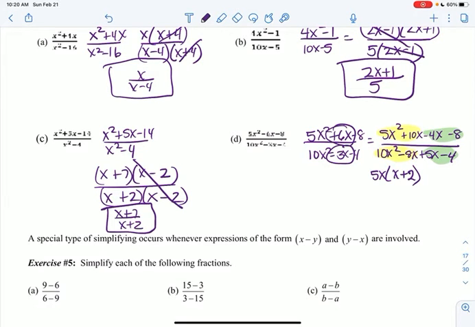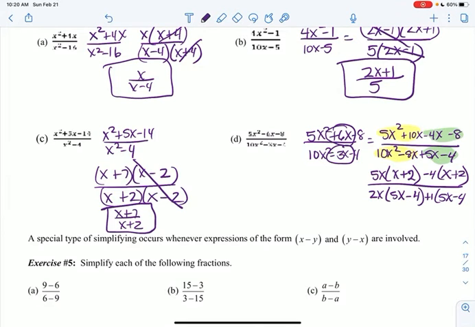And then for negative 4x minus 8, I'm going to factor out a negative 4, and I'm left with x plus 2. In the bottom, the GCF of 10x squared minus 8x is 2x, and I'm left with 5x minus 4. And then I'm just going to factor out a 1 because I already have 5x minus 4.